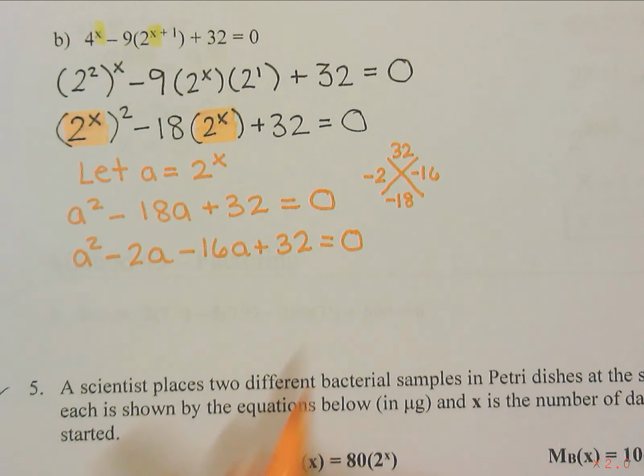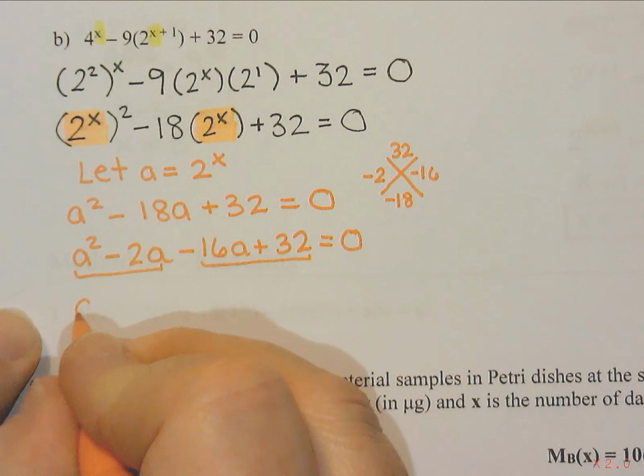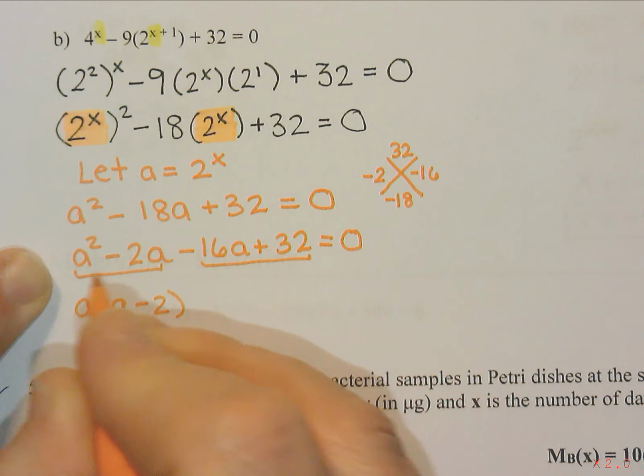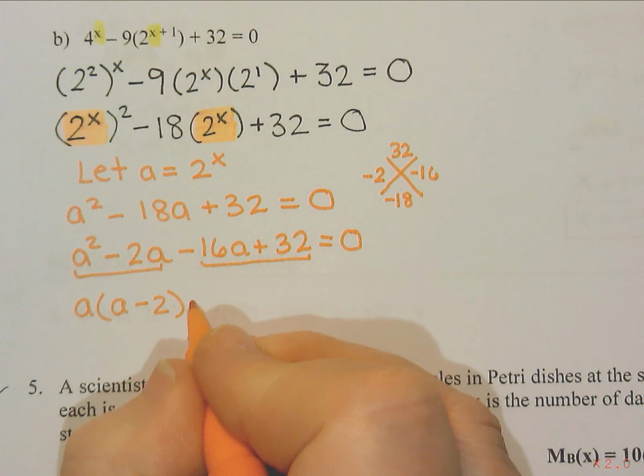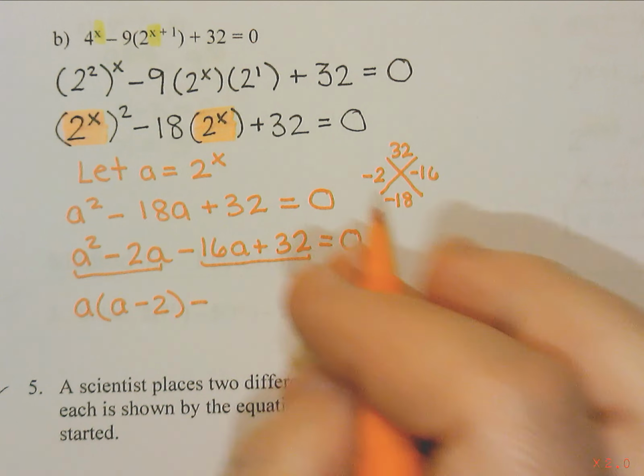I'm going to group the first 2, last 2. First 2 both have an a, and then I would have to multiply by a minus 2 to get that expression back. I take the sign from the middle. 16a and 32, they divide by a lot of numbers. They divide by 2, they divide by 4, they divide by 8, but they also divide by 16.